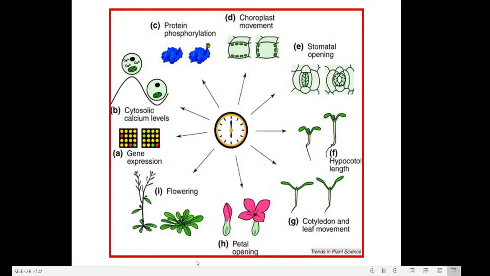Due to this gene expression step, the clock leads to petal opening in the flower, then flowering. These are all the step by step processes in the rhythm of the biological clock.